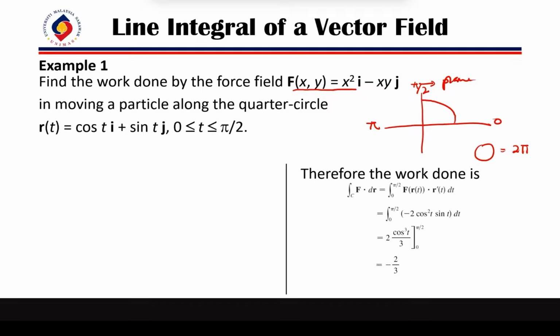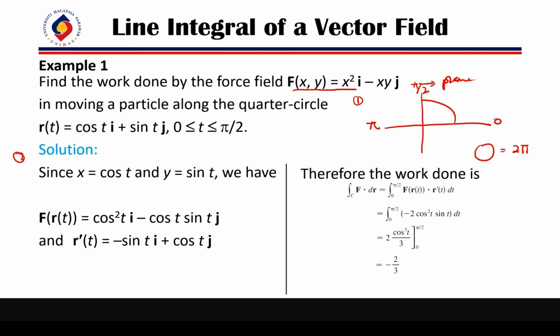So how do we solve this problem? The steps are similar to the line integral of a scalar field. First we have to picture this. The second step is to parameterize.